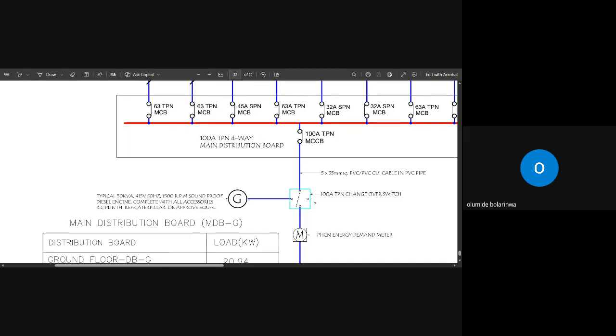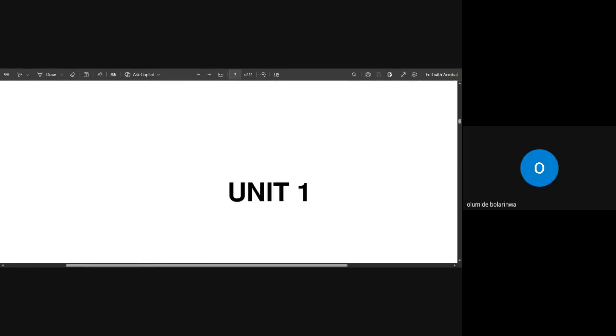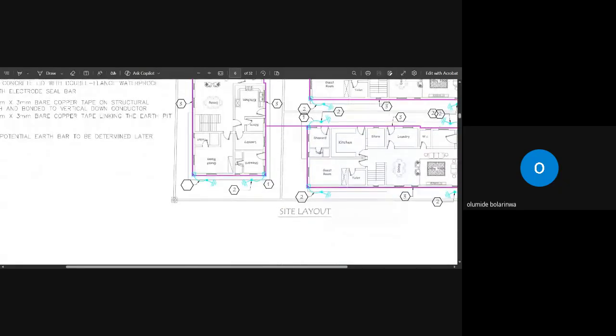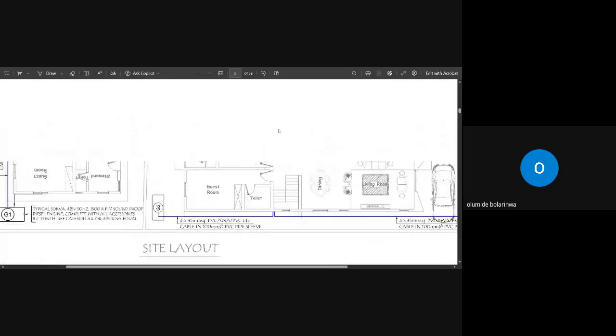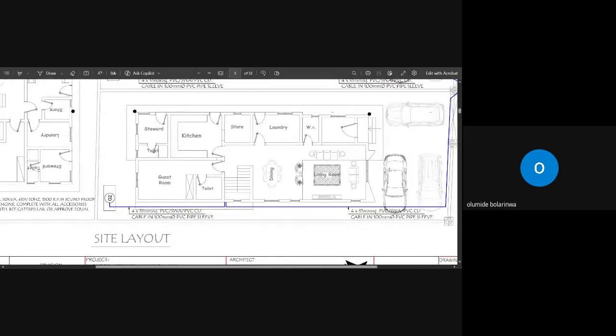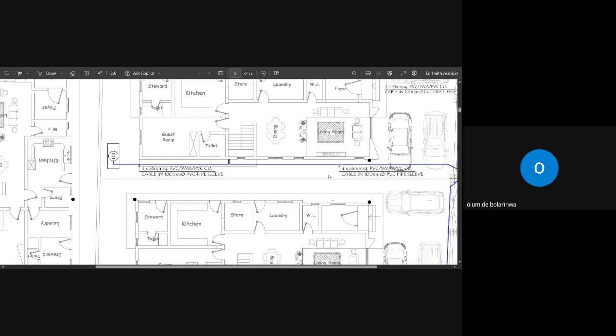We want to know the distance of our cable from generator to your changeover. Are we getting my explanation? Now, do you see my drawing now? Do you see generator 3? Can we see generator 3?